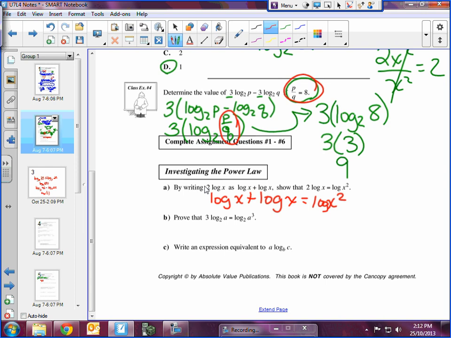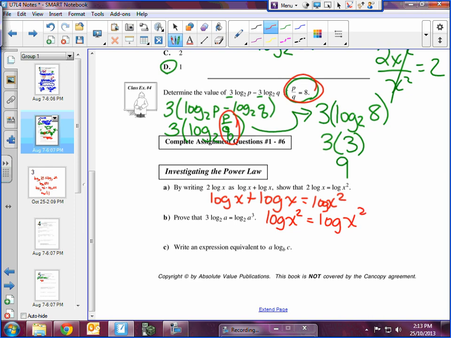When I'm adding two logarithms with the same base, I multiply the arguments. So I have log, what is x times x? x squared, equals log of x squared.